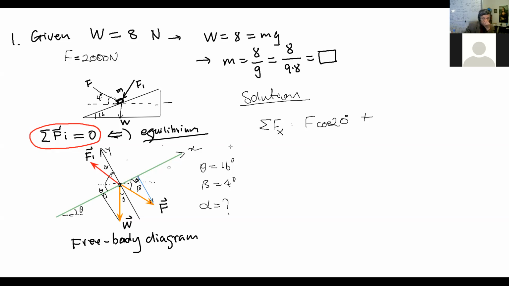Yes, we do know the angle. One of the angles is given. If this is 16, then this is 74. That's right. So then the x component is cos 74 w.